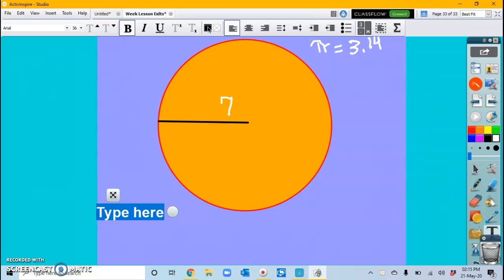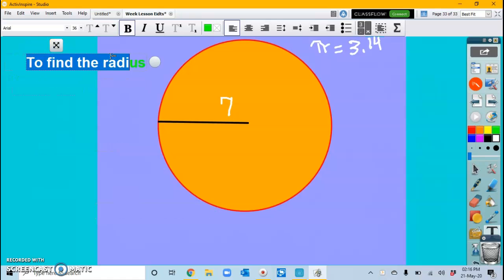And in color green. To find the radius, I'll put it to the side. I'll change the color to purple.